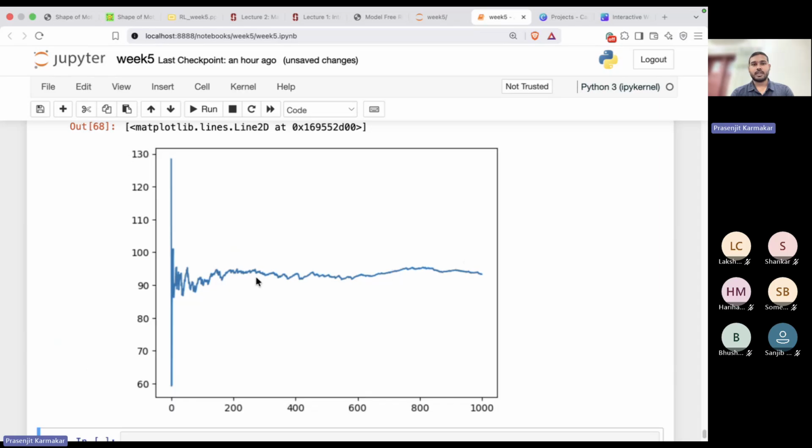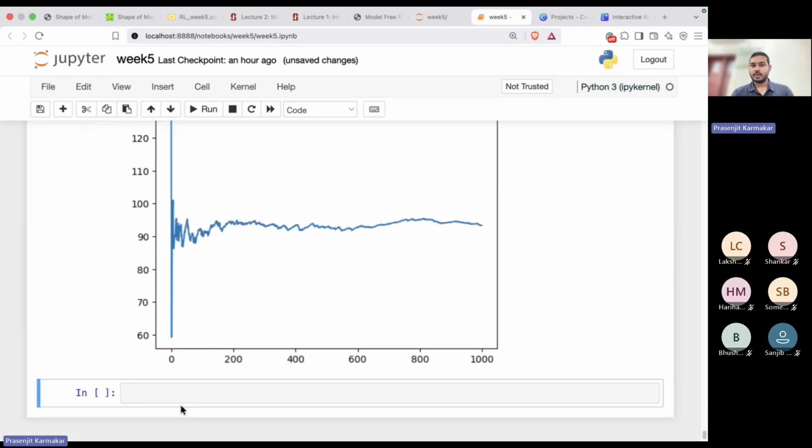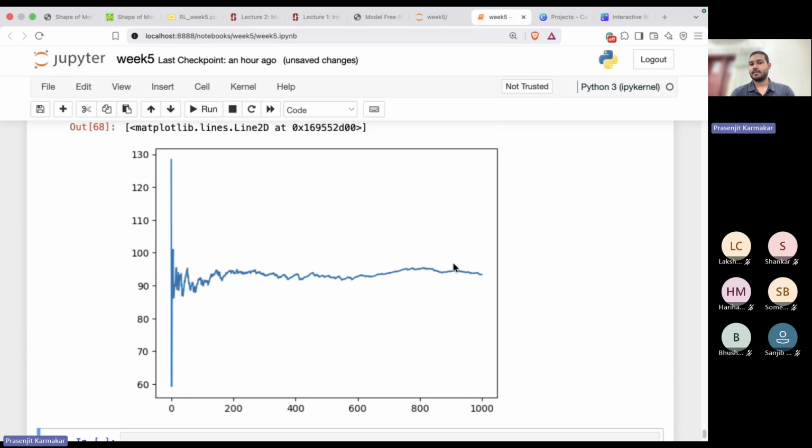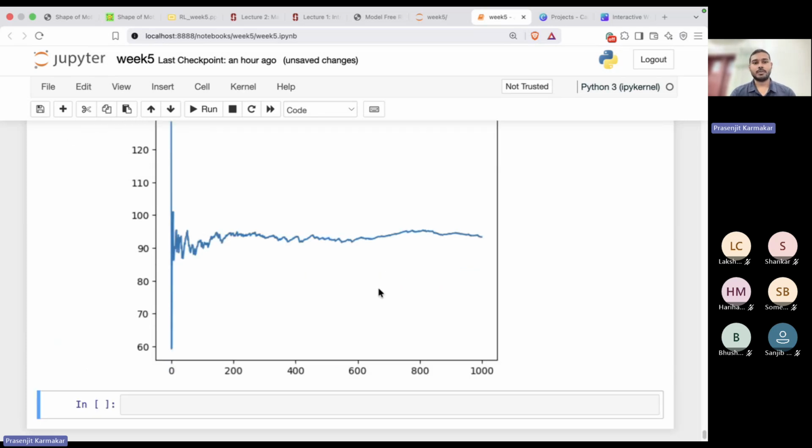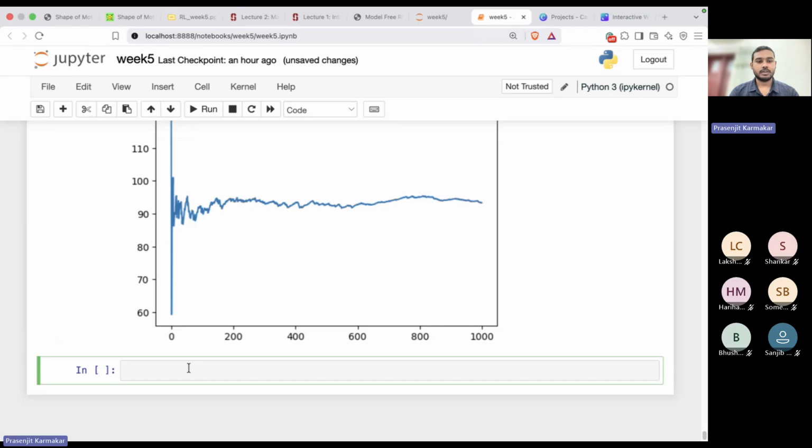So basically you start with a lower value and then you just oscillate a bit and then it stabilizes. This is the behavior you observe in a model-free method. So basically your value stabilizes after some time, and it reaches the value it is supposed to be. So V.